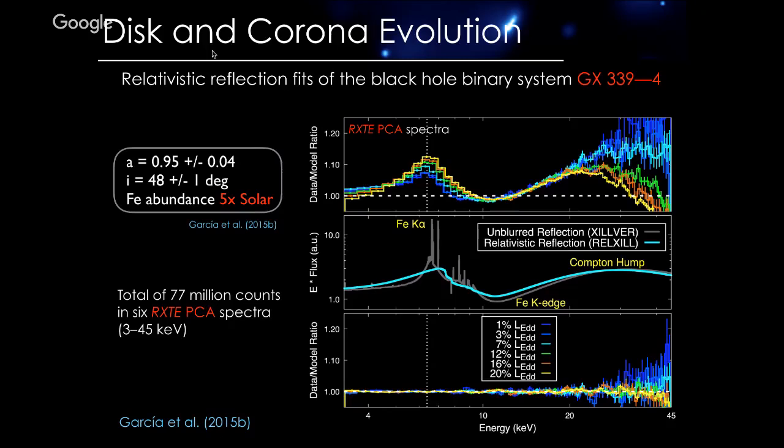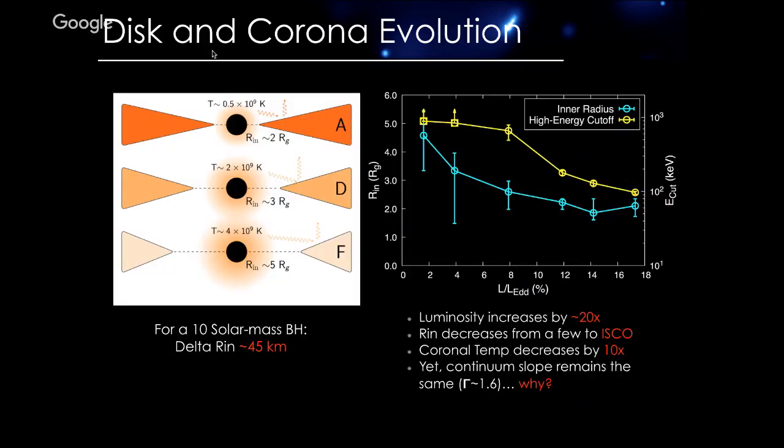Of course, some parameters will change, and the ones that change are precisely the location of the edge of the inner disk, and something called the high energy cutoff, which is related to the temperature of the corona. So in short, what we're seeing in this system is, as the luminosity increases, the disk comes closer and closer towards the black hole.